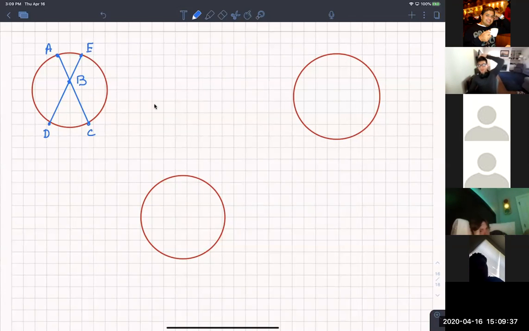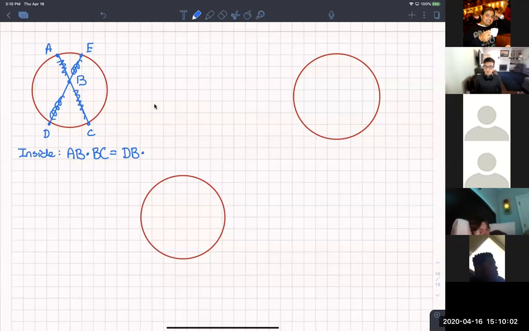Now, if it's on the inside, it's piece times piece equals piece times piece. So this times this equals this times this. So AB times BC equals DB times the piece adjacent to it, which is BE. That's if you have the inside.